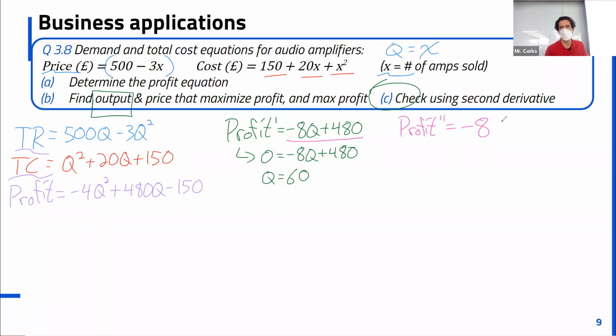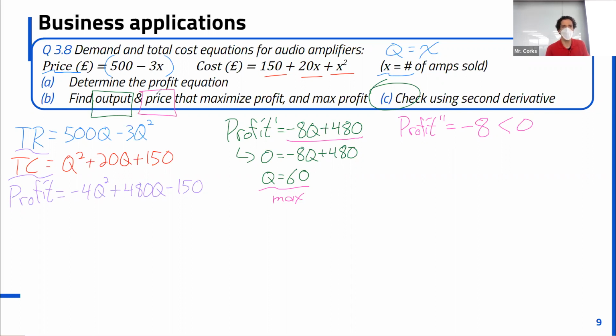Derivative of this thing. That's less than 0. So yes, this function here, the whole time it is curving down. It is concave down. So any turning point there must be a maximum. Okay, so there's the output that maximizes profits.